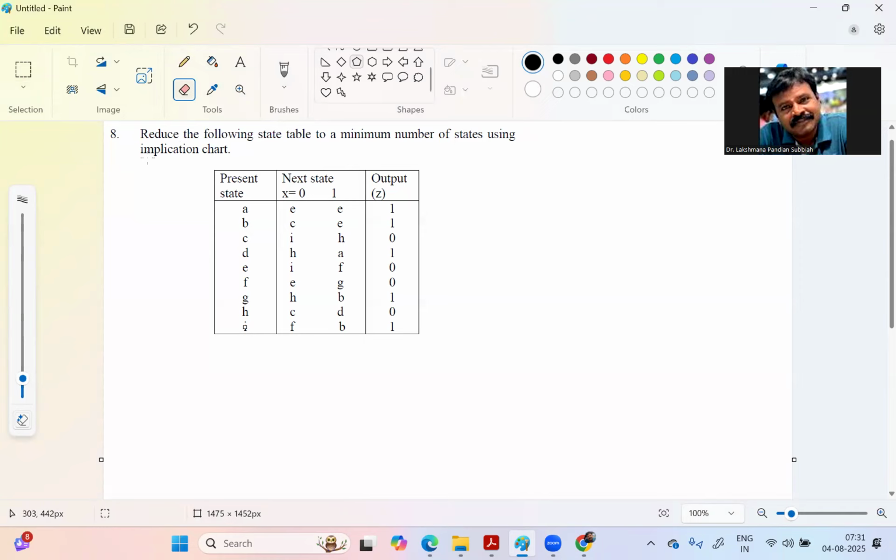So that is A, B up to H. Row-wise you have to write A, B, C, D, E, F, G, H, except the last. Column-wise you have to start from I, H, G, F, E, D, C, B.